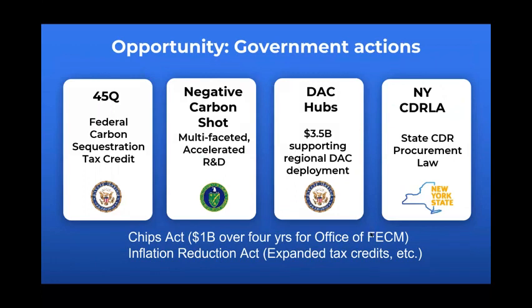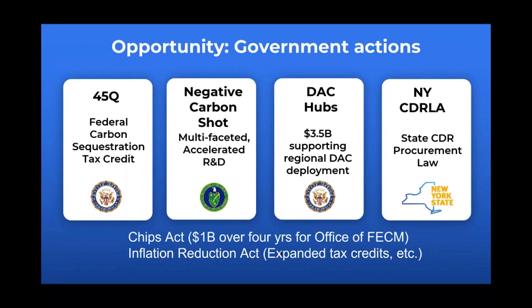Another opportunity is government action. There's a lot of activity in government right now, from the state level, the CDR Leadership Act. There's a law under consideration there. There are these things called DAC hubs that the government's supporting based on the Bipartisan Infrastructure Act.